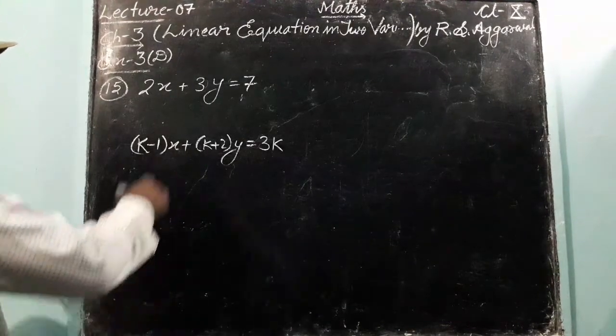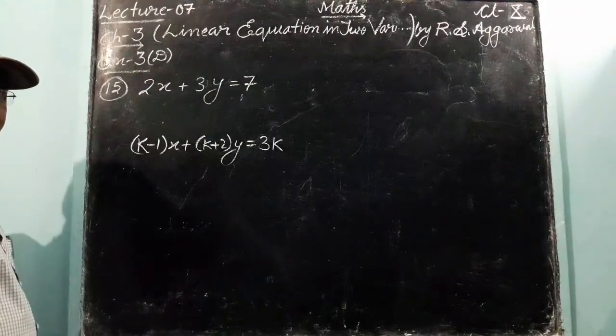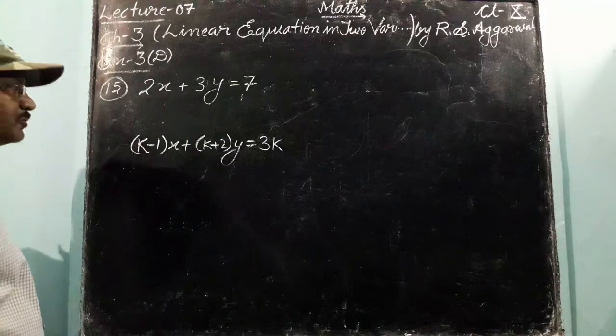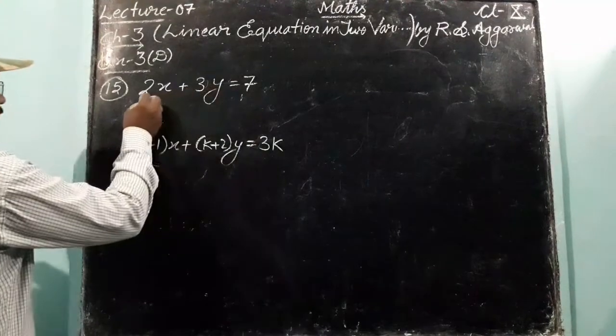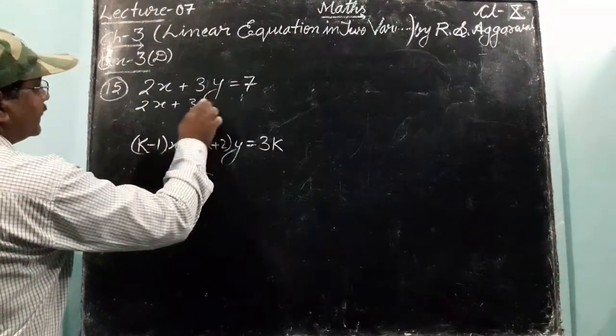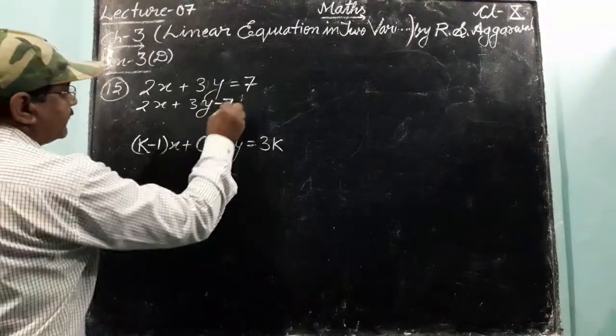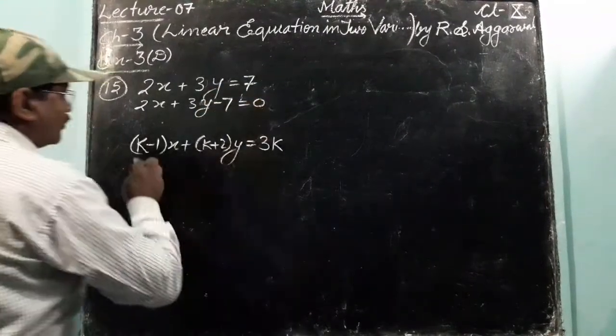First of all, you will convert it into the form a1x plus b1y plus c1 is equal to 0. Then it will be 2x plus 3y, transposing 7 there, minus 7 is equal to 0.